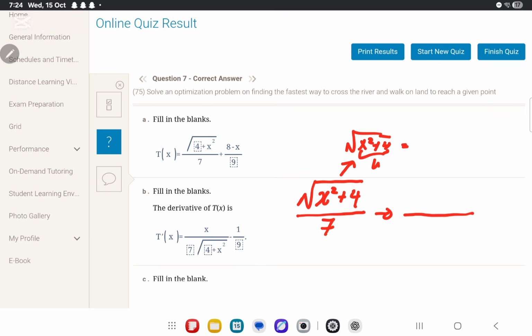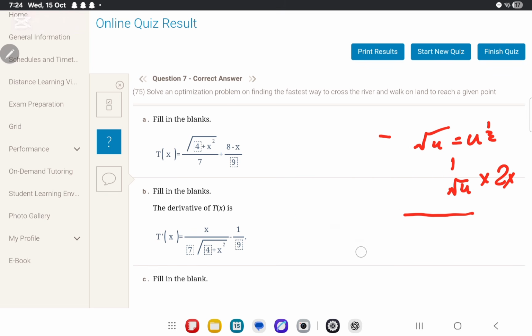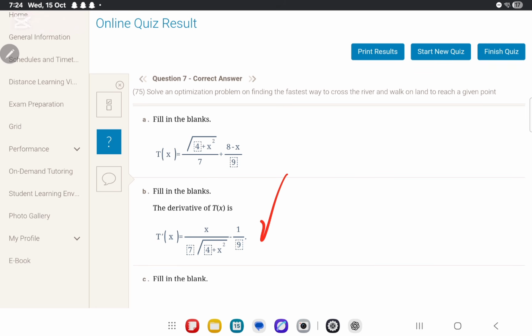So it's radical u, which is u to the power of 1 over 2, which means that when you derive this, it's going to be 1 over 2 radical u times what's on the inside, which is 2x. This is annoying to derive, so I'm not going to do it. Just take the derivative here. This is the answer for the derivative. I'm too tired to do it.